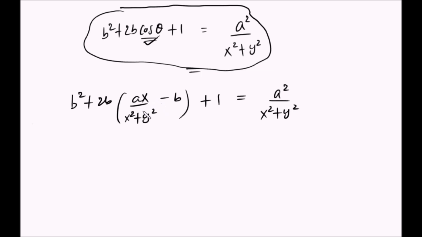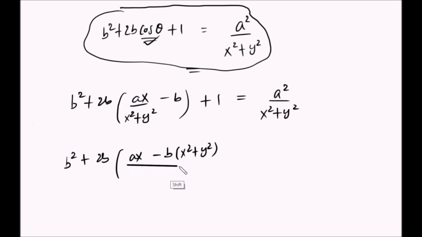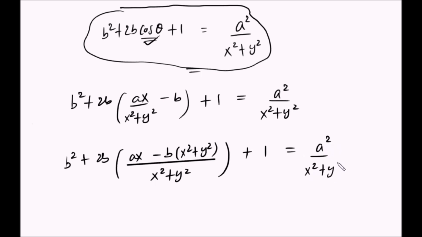So humu ndani humu tunaweza tukapa simplify, itakuwa ni b squared jumlisha 2b. So tutakuwa tuna ax minus b x squared plus y squared. So all of this from here to here over x squared plus y squared. So jumlisha 1 is equal to a squared over x squared plus y squared.